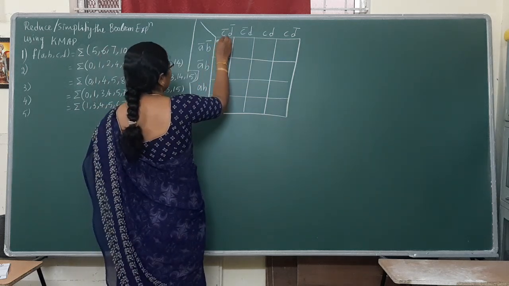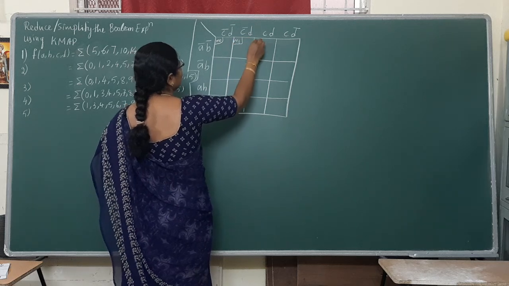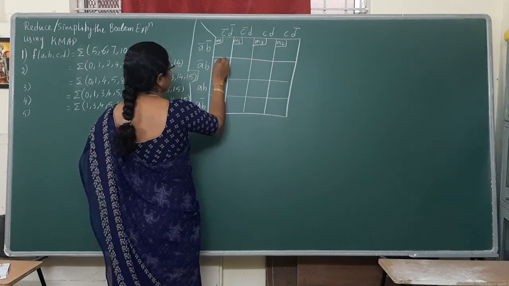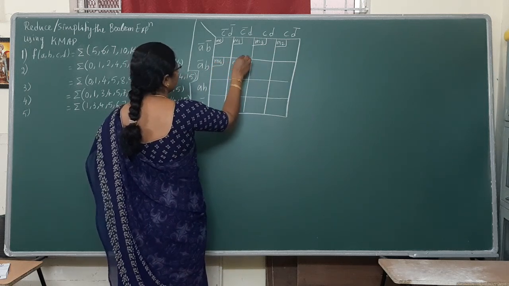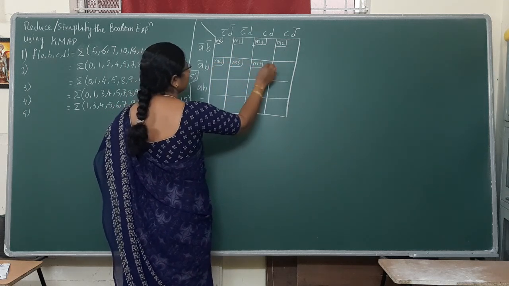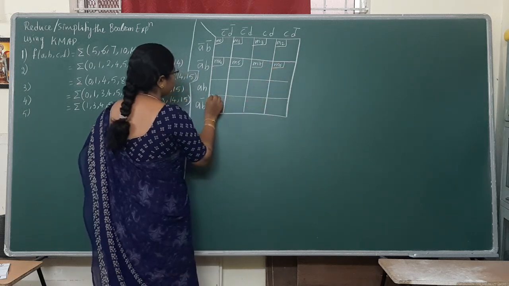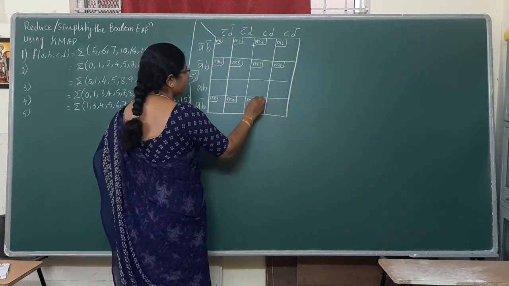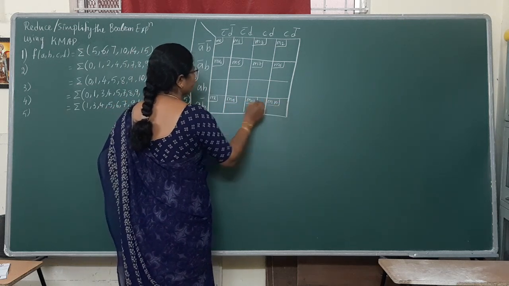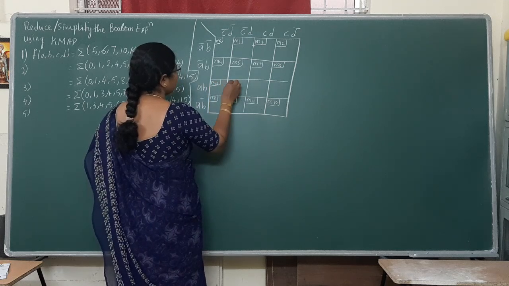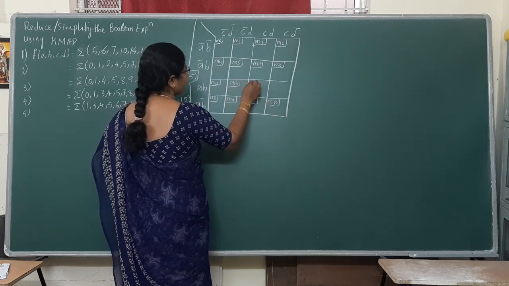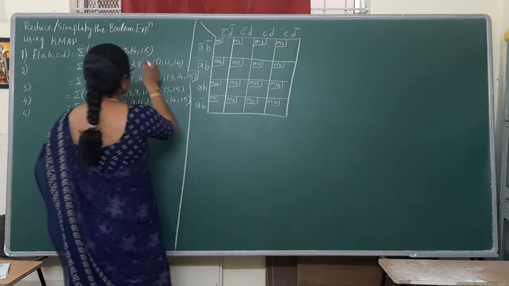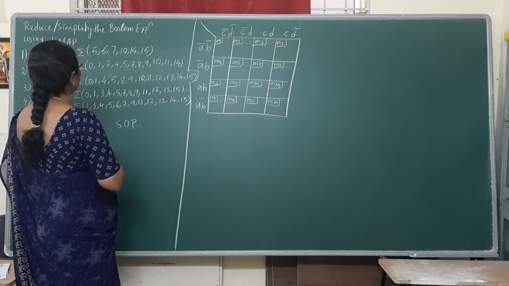This is your M0, M1, M3, M2, M4, M5, M7, M6, M8, M9, M11, M10, M12, M13, M15, M14.